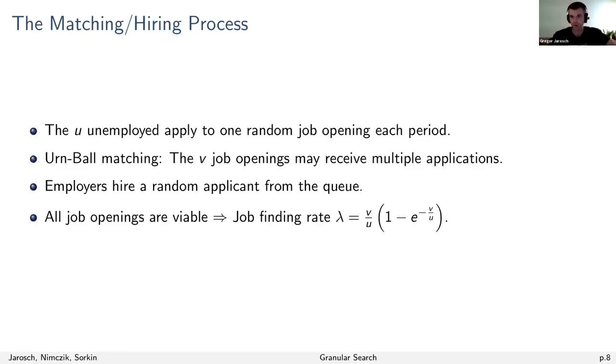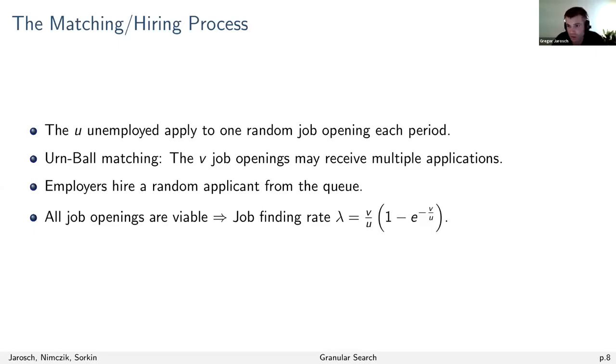They do so in an uncoordinated fashion. And so the V job openings on the other side of the labor market may potentially receive multiple applications. Now, employers that receive at least one application for a job opening will end up hiring one random applicant from the queue in front of the factory gate, if you will.